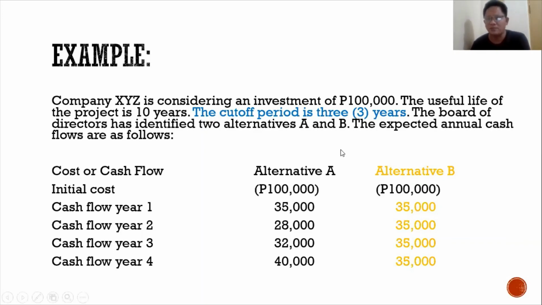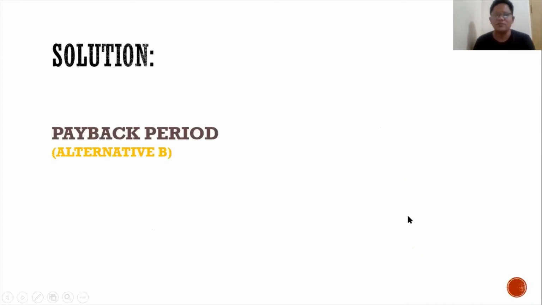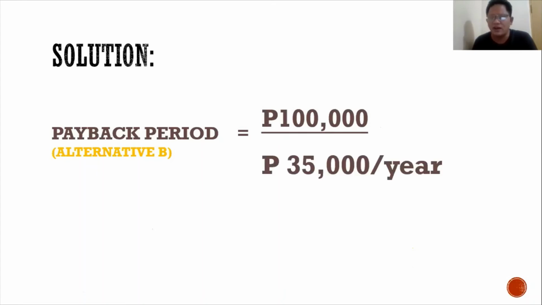This is our wrap-up for our payback period topic. If you observe alternative B, all of its cash flows are the same. That means we have equal cash flows for alternative B. Therefore, we can use our original solution, which is faster, where payback period is equal to the original investment of 100,000 divided by your annual cash inflow of 35,000 per year.